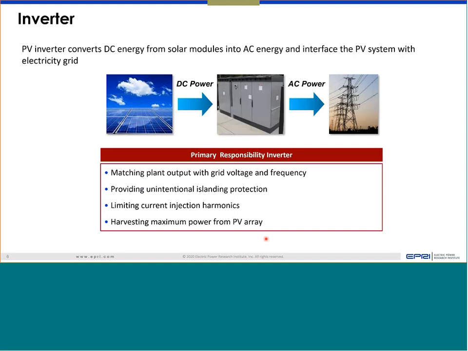Unintentional islanding protection is an expected function or capability of the inverter. We discussed harmonics, and preventing high harmonic component injection is also part of the job. Ensuring maximum power point tracking is a requirement. Inverters have been doing all these things from the beginning, whenever the first standard was published, or even when the first inverter was produced, maybe back in the 1990s. Still, inverters were not called smart inverters at that time.